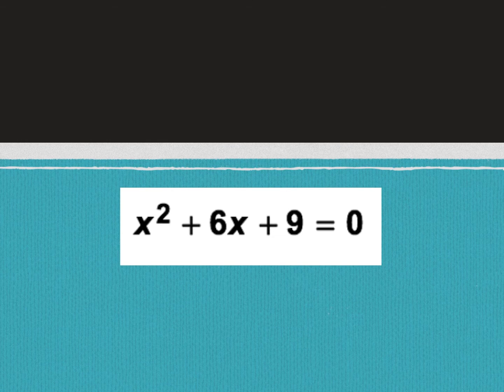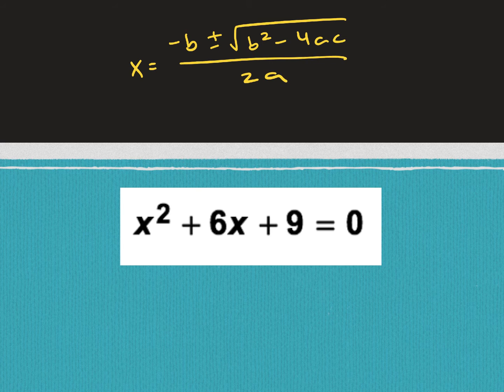All right, the next one. Again, our formula is x is equal to negative b plus or minus the square root of b squared minus 4ac over 2a. What's our a? 1, because it's what's in front of the x squared. What's b? 6.